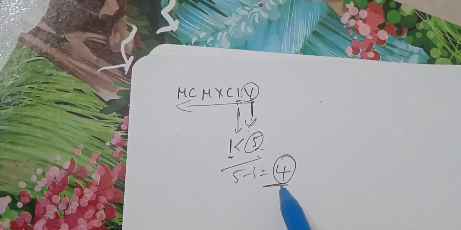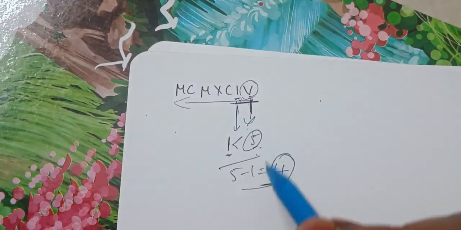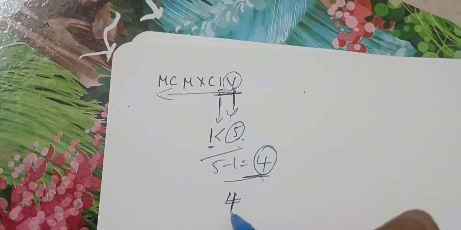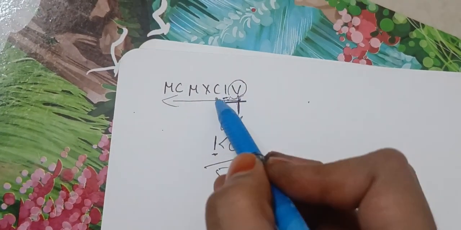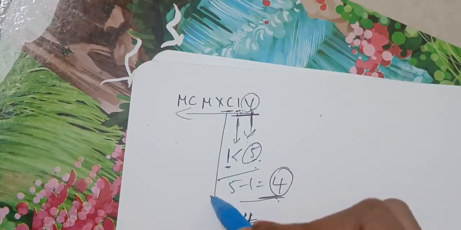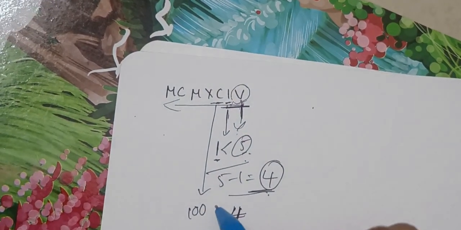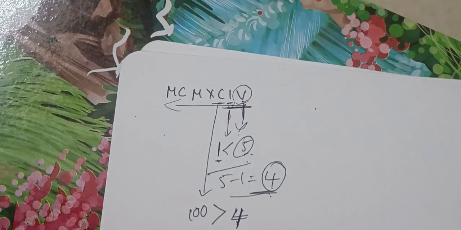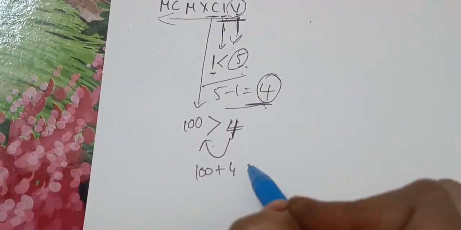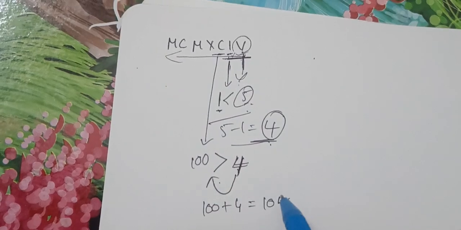Now this 4 becomes the combined value of IV. Now I need to check whether C is greater than 4 or less than 4. C means 100, and 100 is greater than 4, so I need to add this 4 to 100, and it becomes 104.